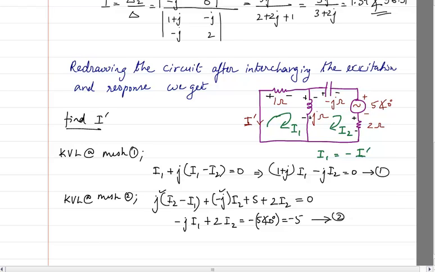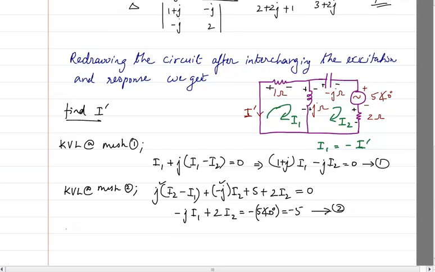Now from here I can write it in the matrix form as [1 plus J, minus J; minus J, 2], with I1 and I2 giving me 0 and minus 5.